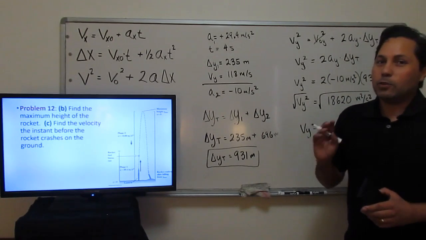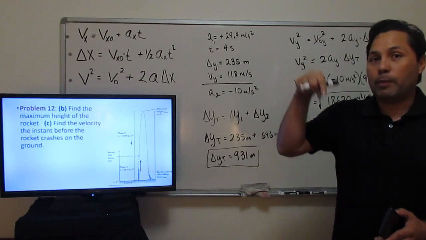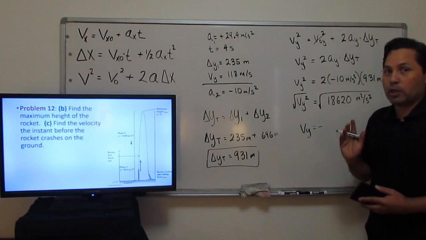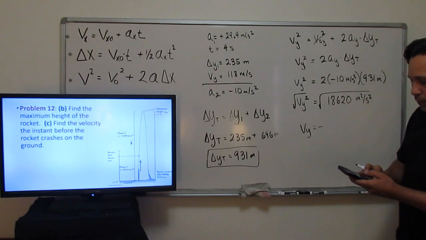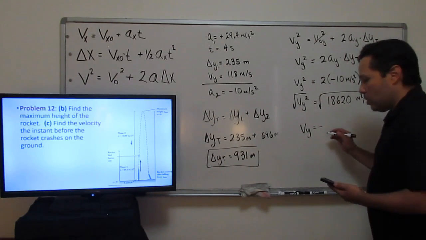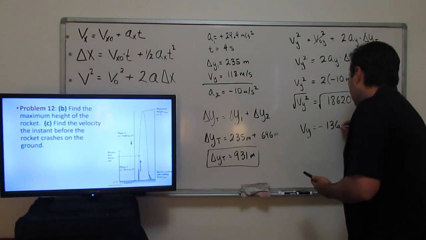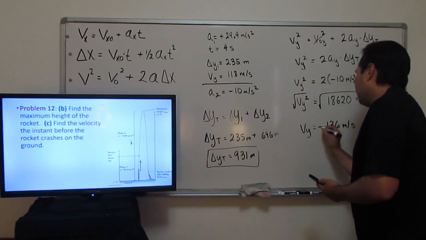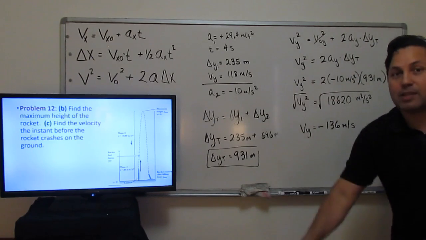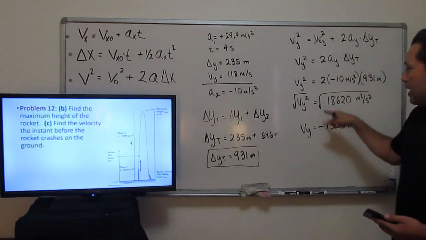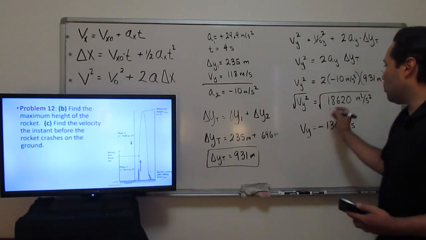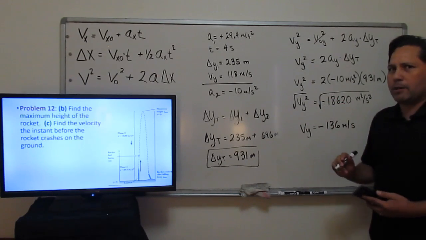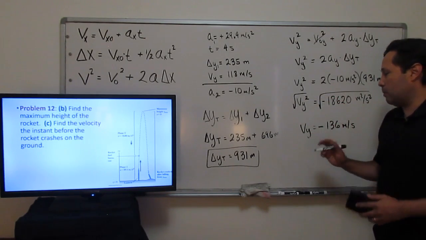Those positives and negatives are telling you whether we're going up or down, but the value remains the same. So the square root of our answer is 136 meters per second, and the negative again just means that it's going that fast, going down. Again, our negatives are just directions, so don't get too hung up on imaginary numbers in a radical.